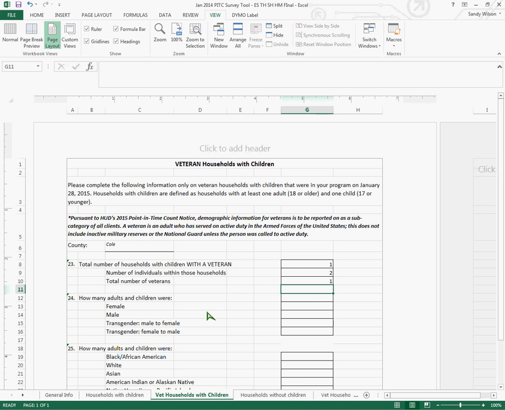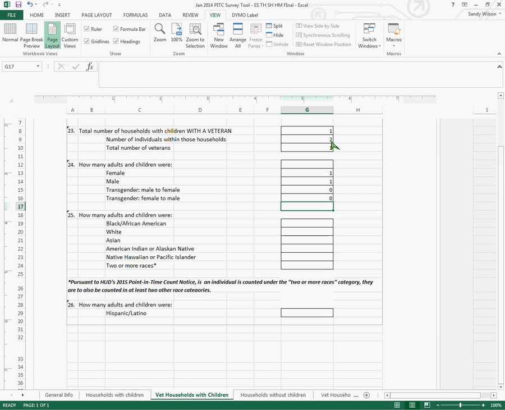Then I'm going to look at the race breakdown. And I apologize that that square is blackened. There is no data that goes in there. In this example, I had 1 female and I had 1 male, and I did not have any transgender. So now I'm looking at my 2 individuals and determining what the race is.